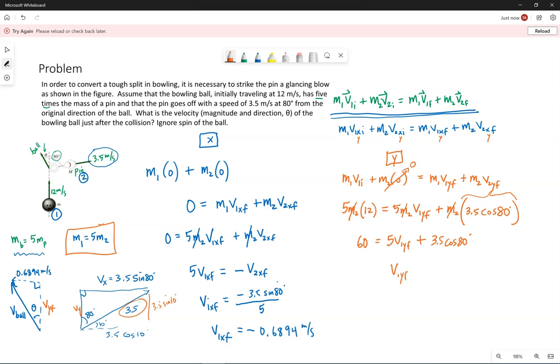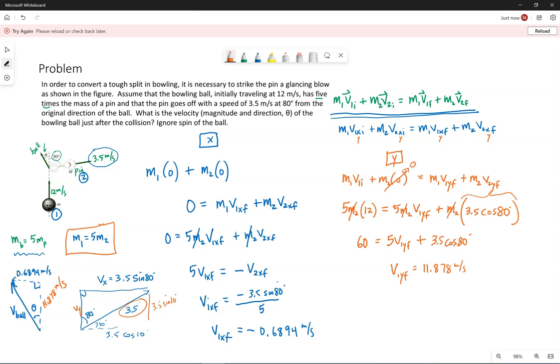So we can solve for V1 final here. I'm getting 11.878. So I'm going to replace that in my picture far on the left.